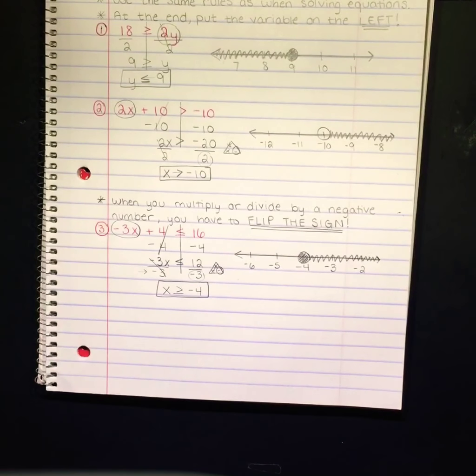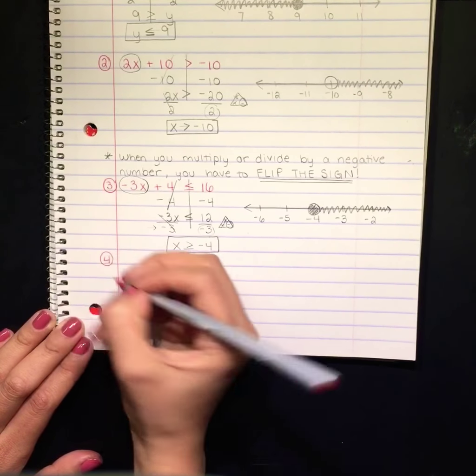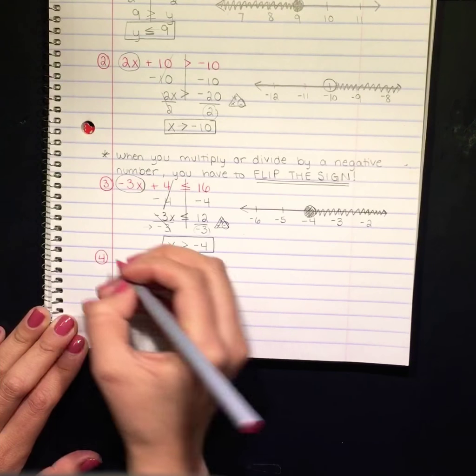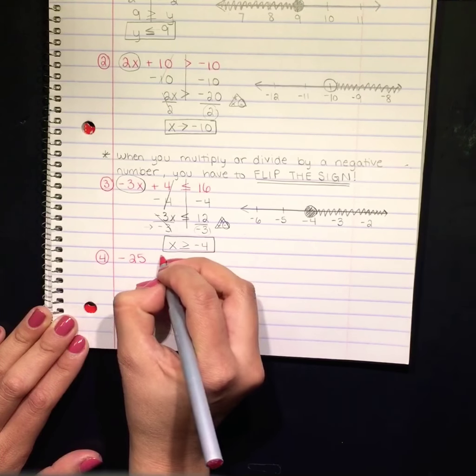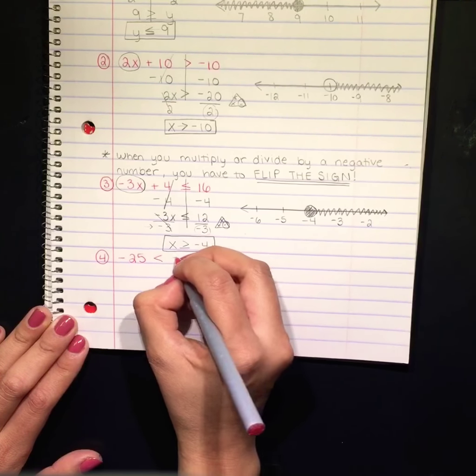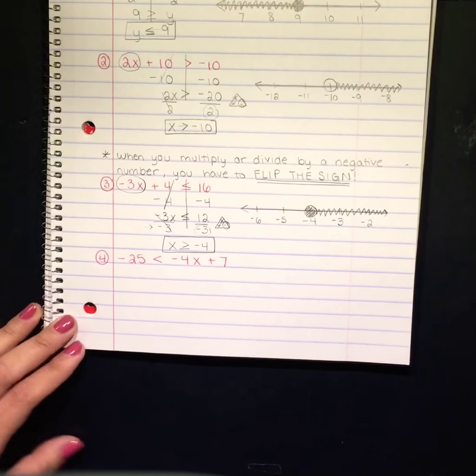Okay, last one, you guys, and you're going to do this one on your own. Here is number 4. Negative 25 is less than negative 4x plus 7. This is a good problem.